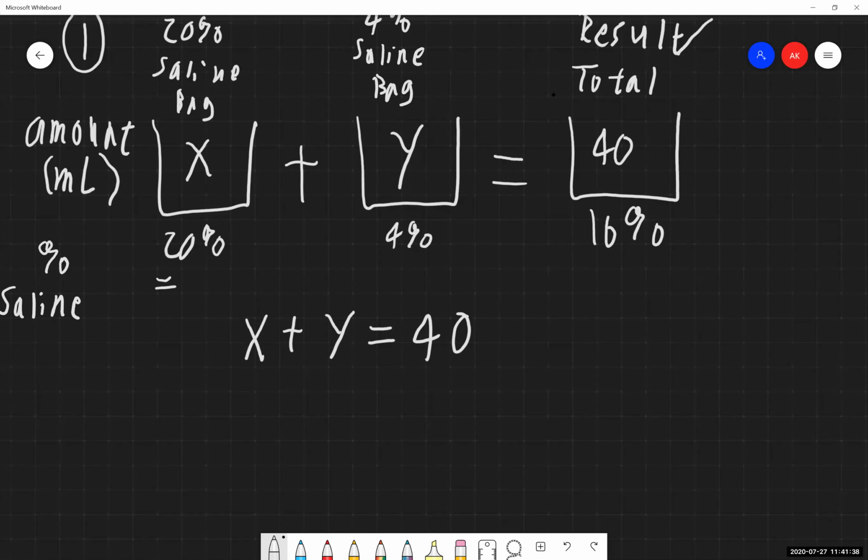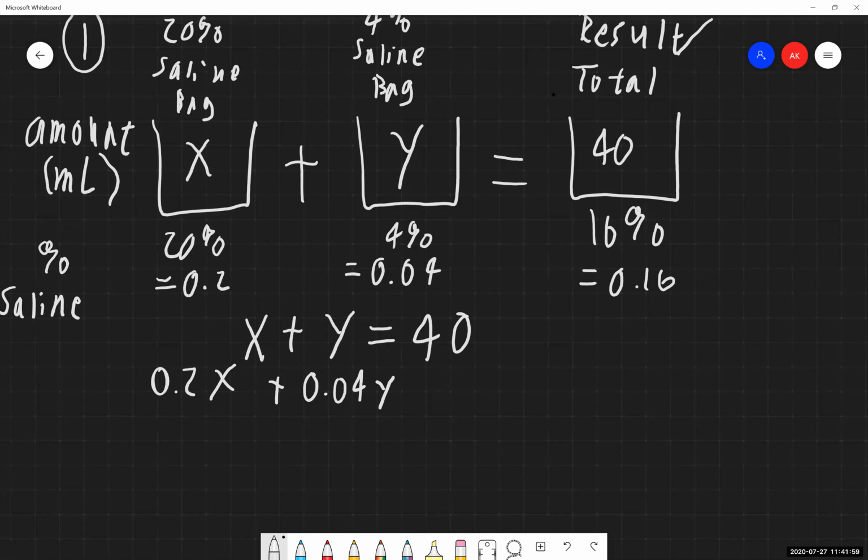So percent to decimals, those that we have there. So now I know 20% of the first bag plus 4% of the second bag is going to give me 16% of the final result as saline.